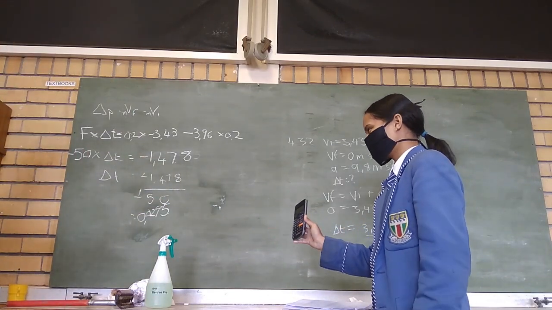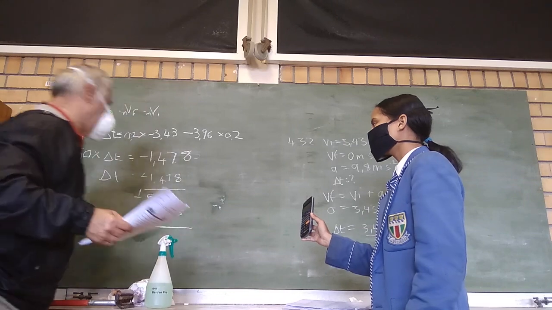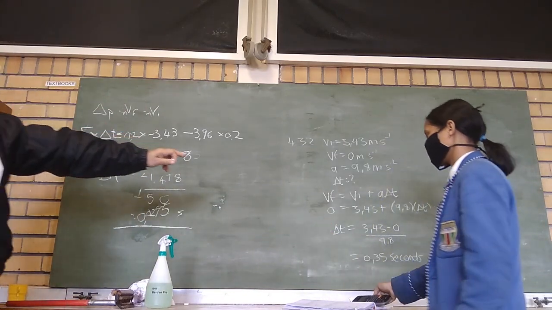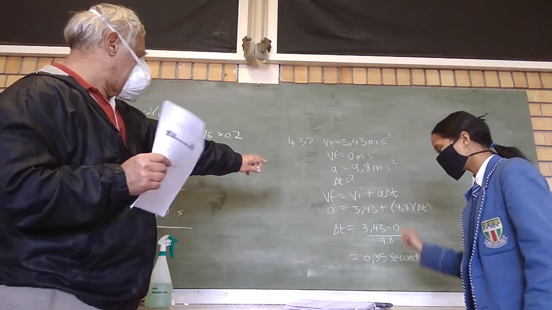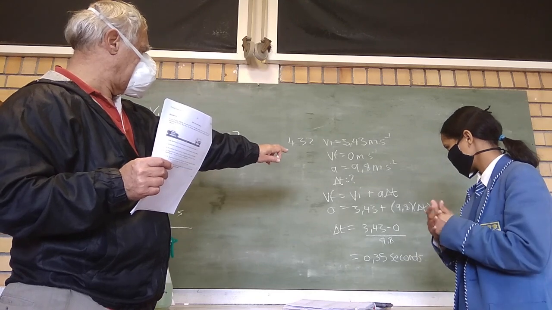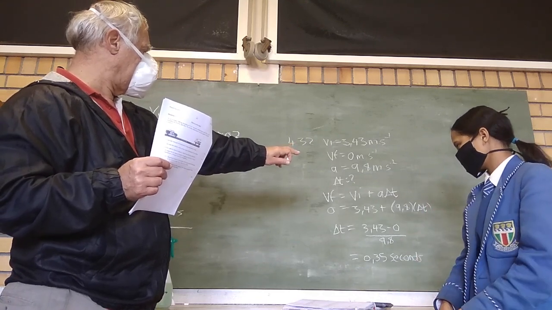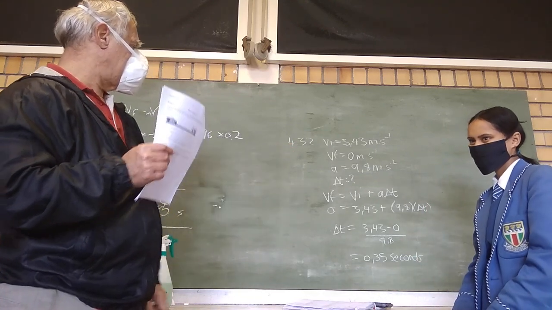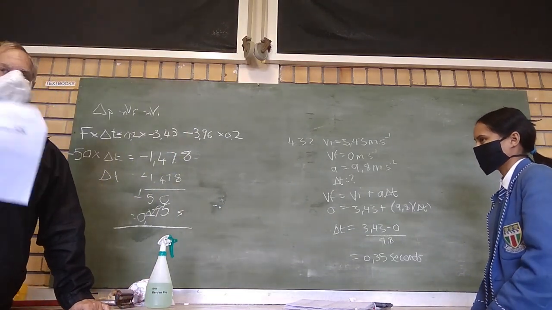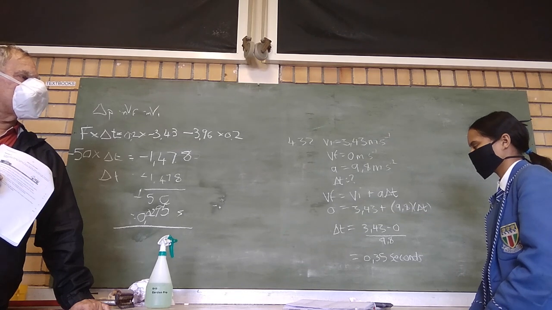So you said V final is V initial plus A delta T. You see, here's your problem as well. You can't use that formula. You know why? There are two accelerations involved: gravity and the ground pushing it up. Do you guys see why you can't use that?